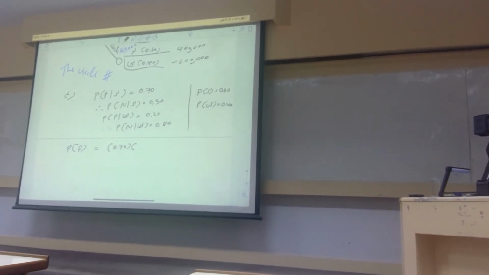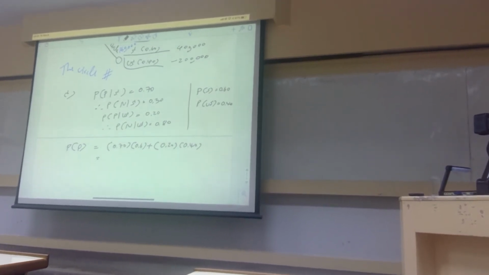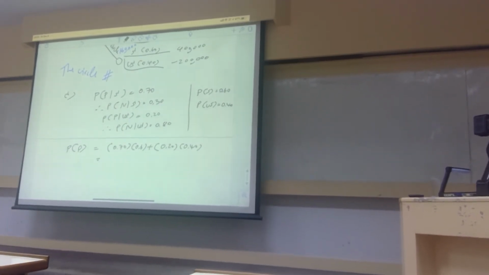So this is 0.6 plus 0.2 times 0.4, that's 0.5. Therefore, the probability of a negative result of the survey is 0.5.